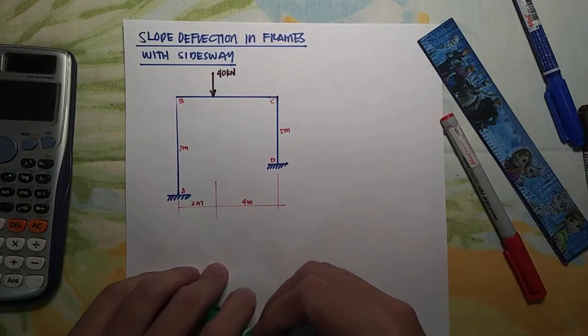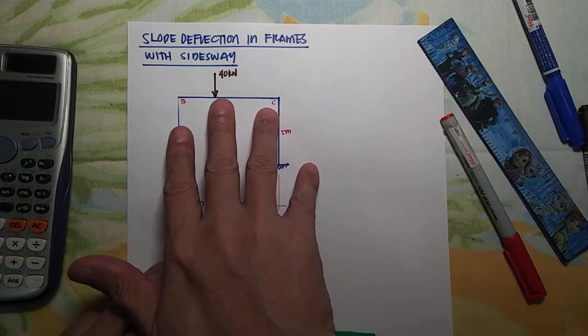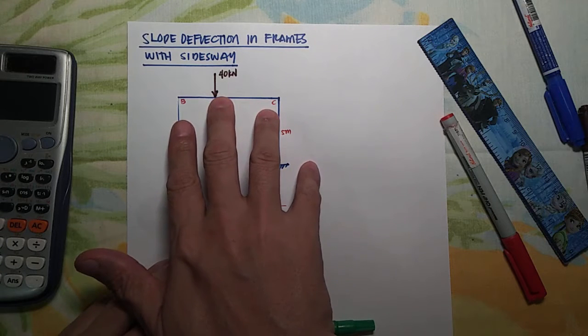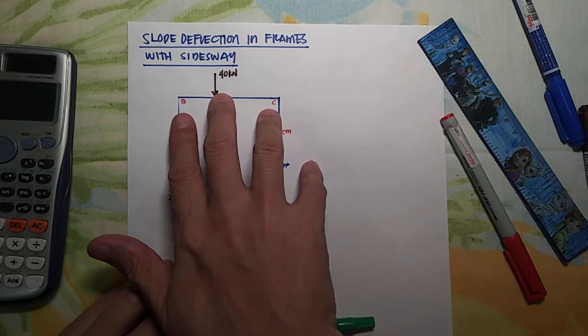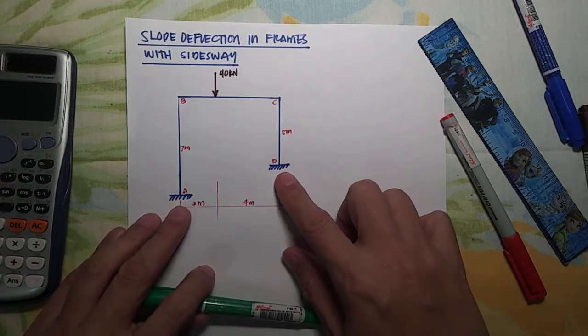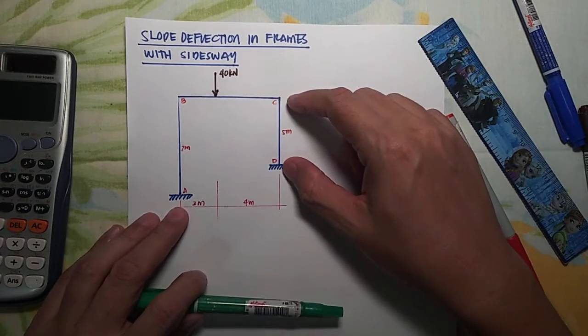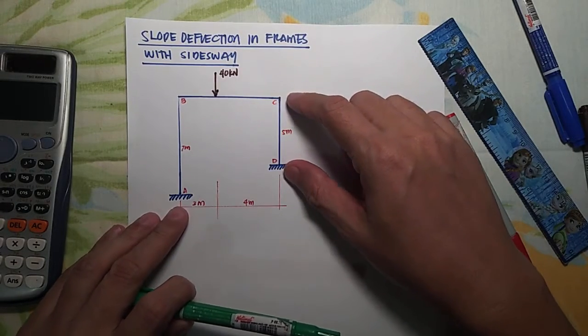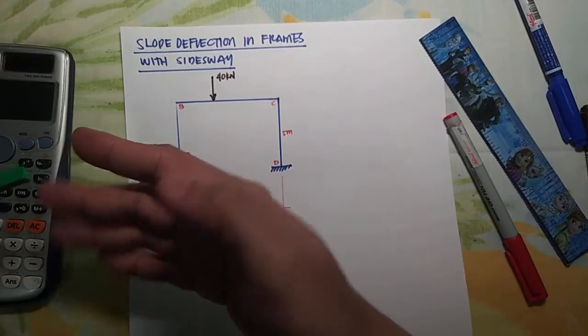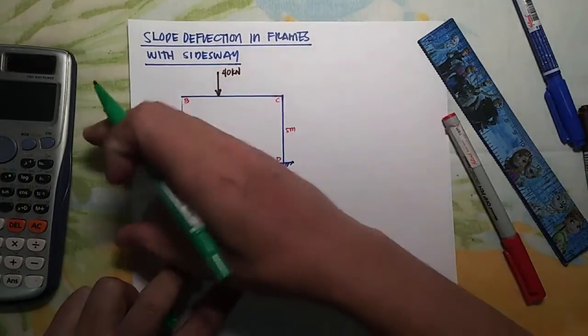Sidesway is the lateral movement of the frame sidewards. It could be to the left or to the right. Since this length is longer than this length, we could assume that the sway would be to the left. So let us assume that the sidesway is to the left.